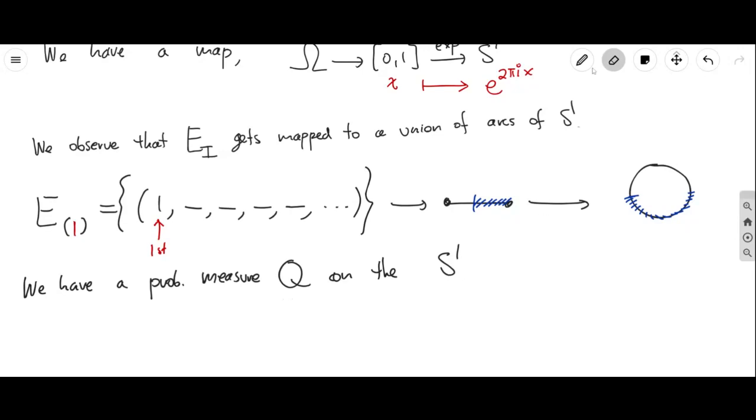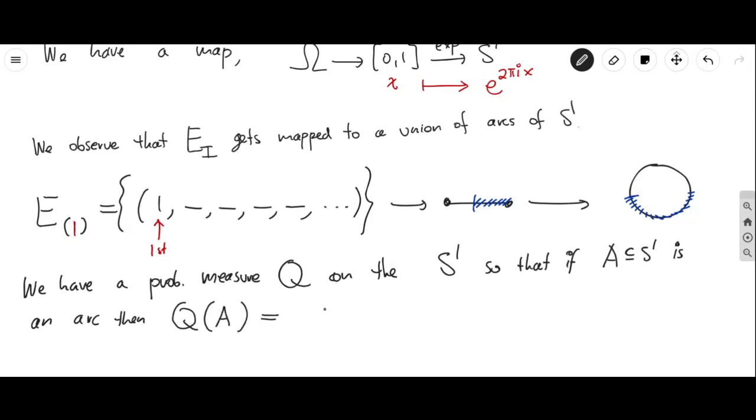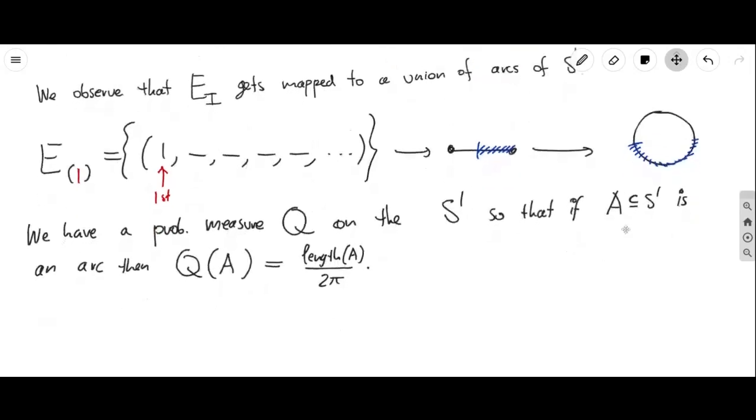So we have a probability measure on the unit circle, so that if A, a subset of the circle, is an arc, then the probability measure of that arc is equal to the length of the arc divided by 2 pi. We actually talked about this example in a lot of detail all the way in, I would say, lecture number 2. That was our first serious lecture.